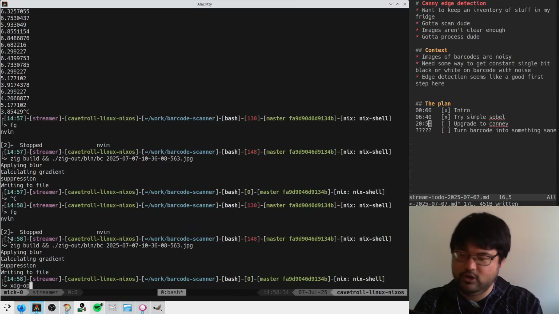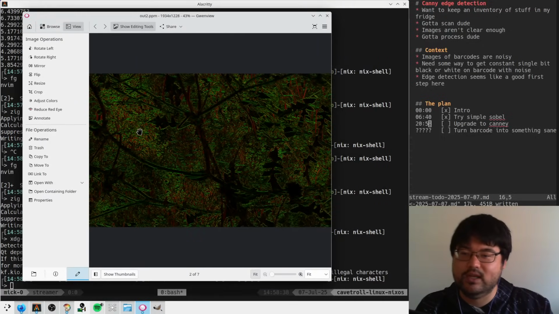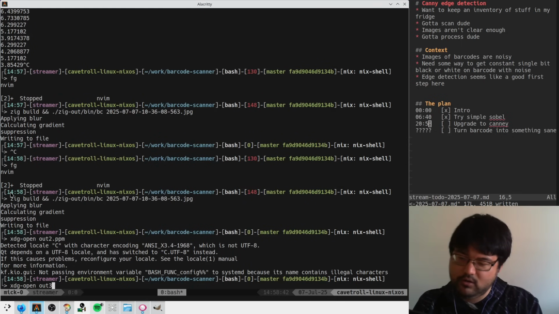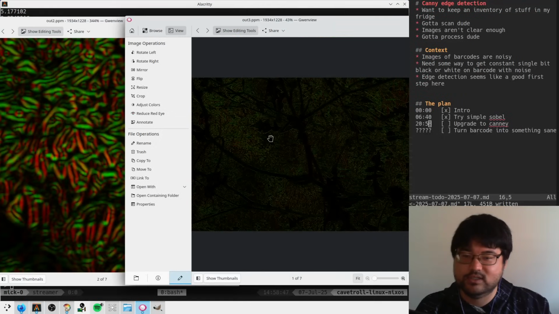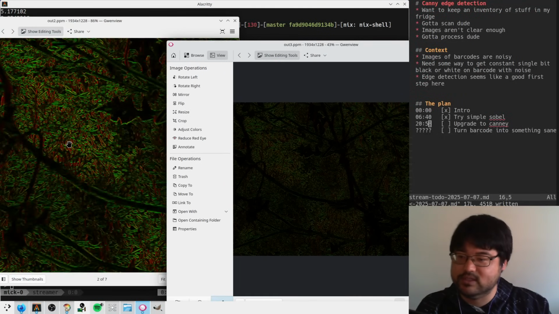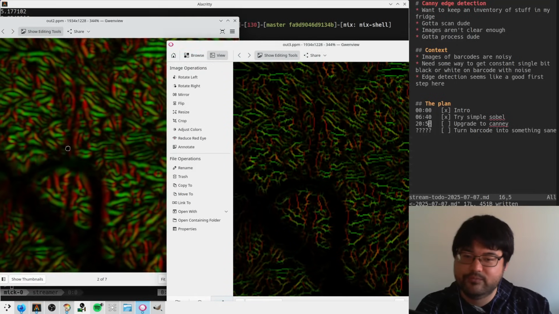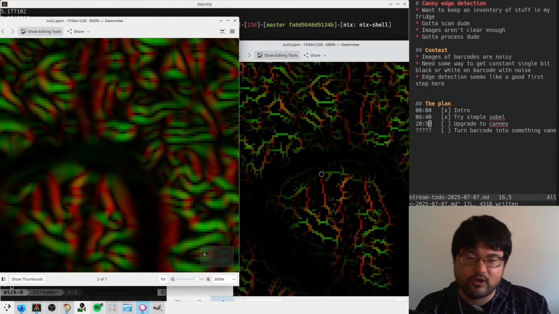Okay. Can we go back? Exec open out 2 ppm. Right, so this is the gradient just raw. Then this is the gradient after filtering. So this is up here, right? By this branch. Do you see how these lines are super crisp now? Look at that.